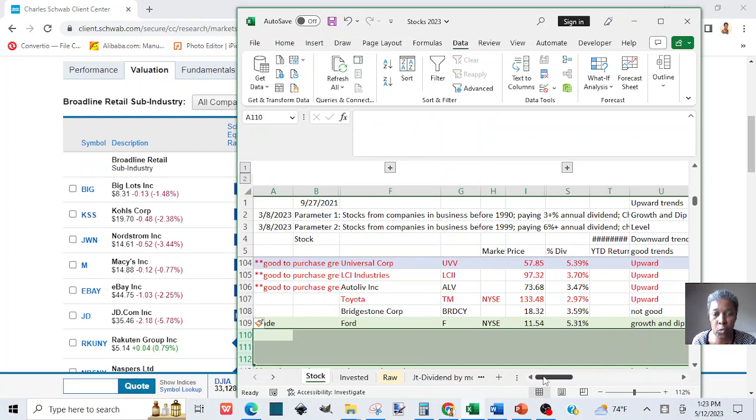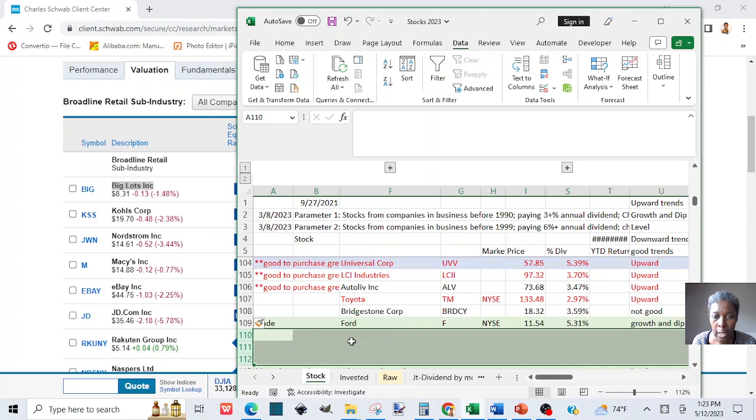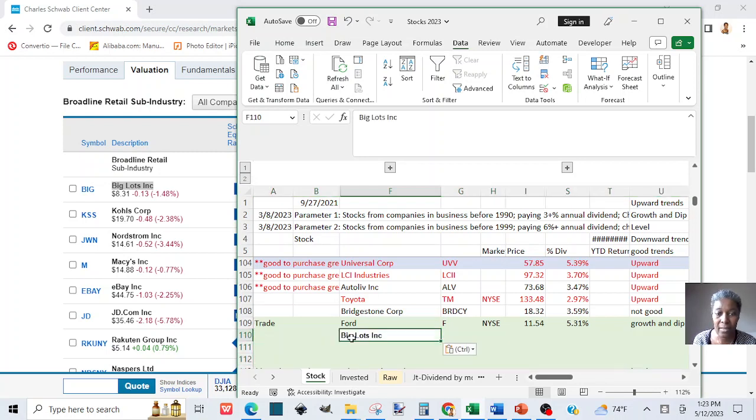So what I'm going to do here for you to see is quickly, sometimes I like to copy. I know I have Big Lots already on the spreadsheet, but it's under another industry.